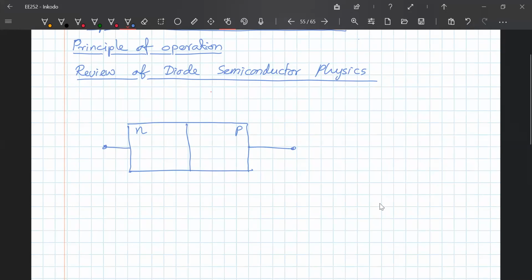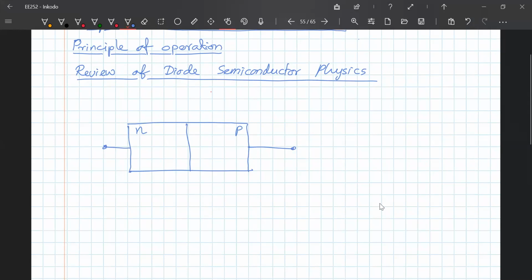Now what will happen is, since electrons are free to move around and holes are there to fill, when you bring these two materials together, the free electrons will jump and fill the holes. So these additional electrons hanging around in the material will move to a neighboring positive space where you have one electron lacking, and they fill the space.